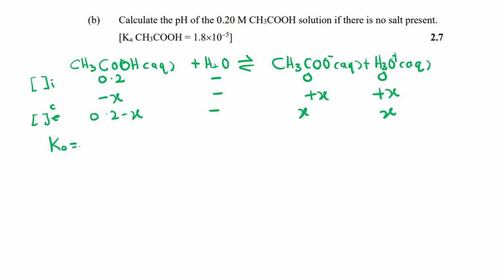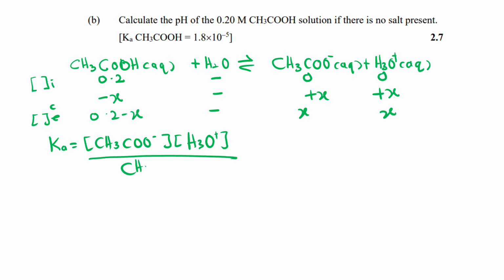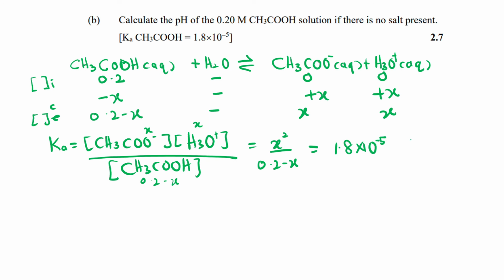And write the expression Ka is equal to acetate ion CH3COO minus times concentration H3O plus over CH3COOH, and given by x square over 0.2 minus x is equal to 1.8 exponent negative 5.